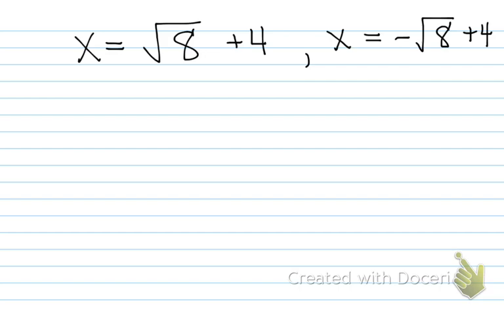We need to find a pair of numbers that will multiply to be 8. We know that 8 is 4 times 2. But 4 has a pair of numbers. We have 2 times 2 equals 4. So we're looking for pairs of numbers.